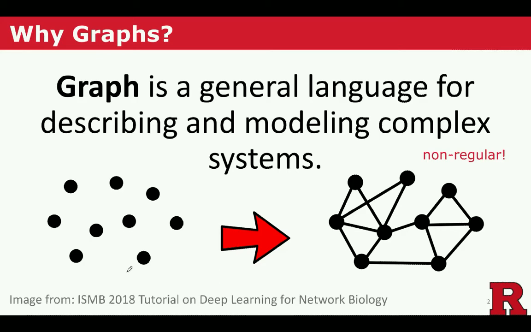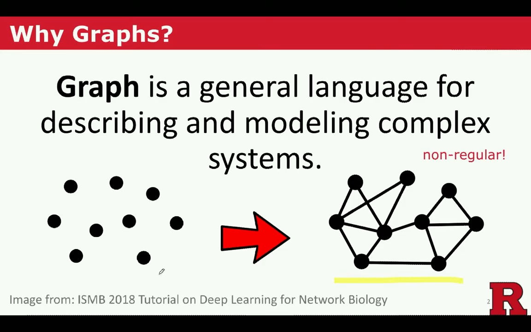However, if we consider every point as a node in the graph, and we add edges to connect those points, we basically get a graph that encodes the relationships of the points. Now, the new representation on the right-hand side is actually much more informative than the representation in the left-hand side.